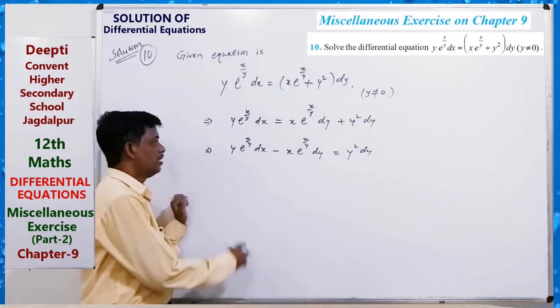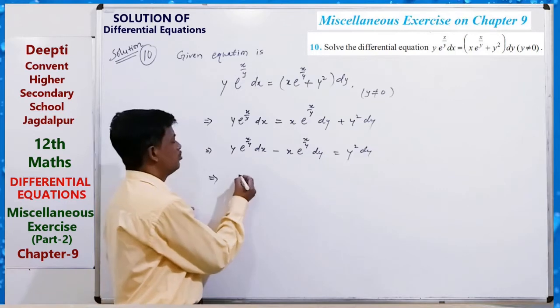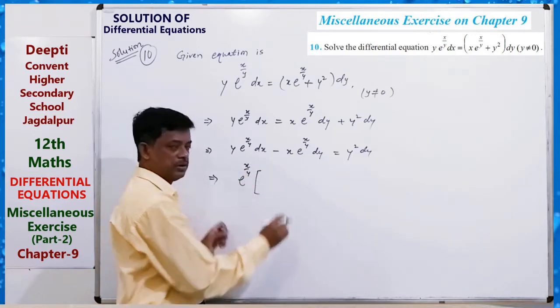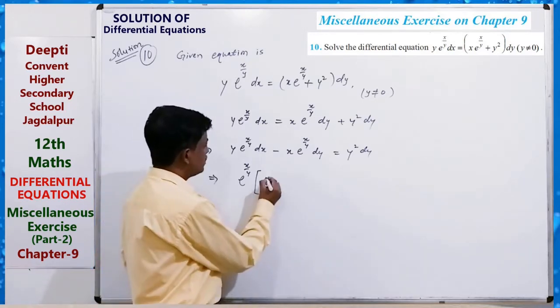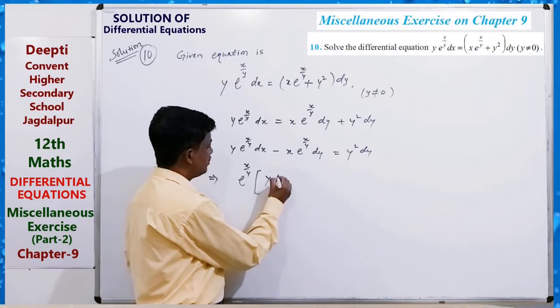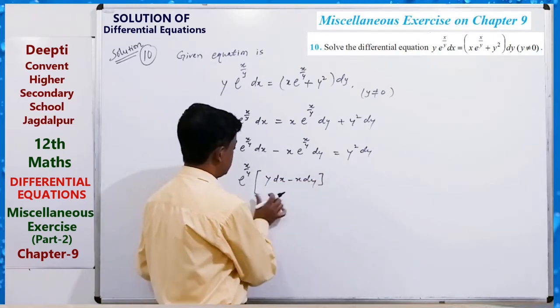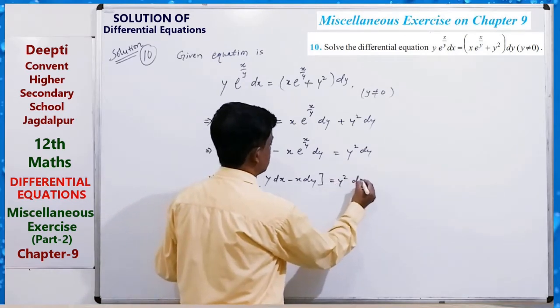Taking e to the power x by y common, we get e to the power x by y times y dx minus x dy equals y square dy.